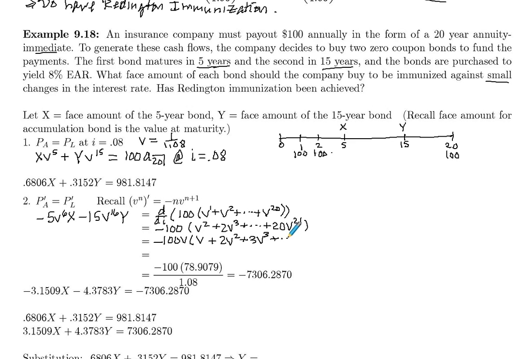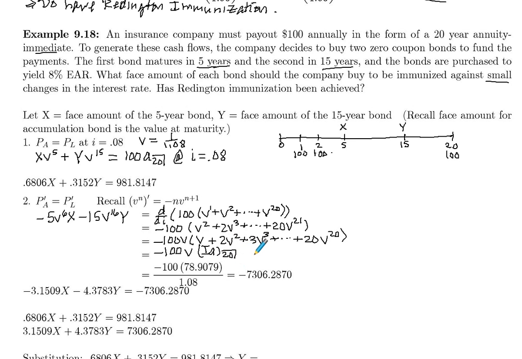And then plus all the way up to the last term, which will be 20v to the 20th. And then this should look familiar to you. That is the present value of the increasing annuity for n equals 20. So this is negative 100 times v times IA angle 20.